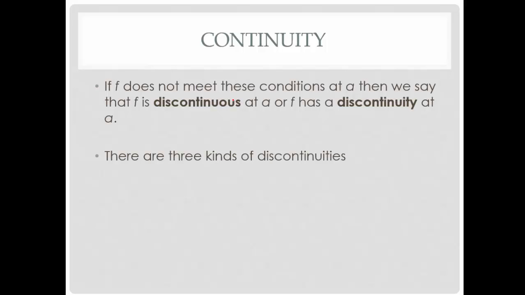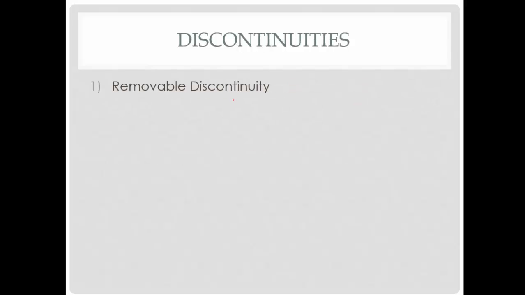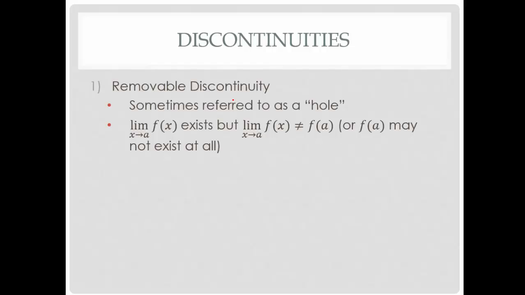There are three kinds of discontinuities. The first one is called a removable discontinuity. And sometimes that'll be referred to as a hole. You've probably seen these in your pre-calculus or college algebra classes. So the limit exists as x approaches a, meaning it meets that second condition.